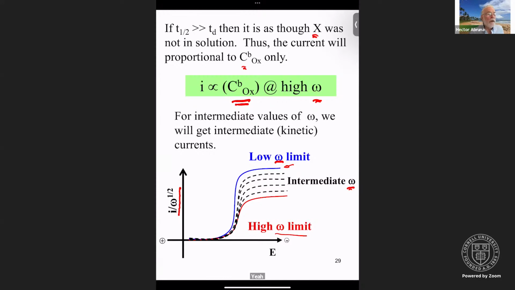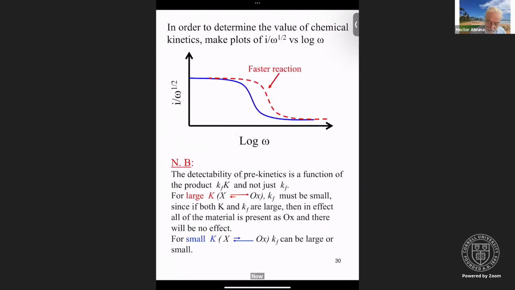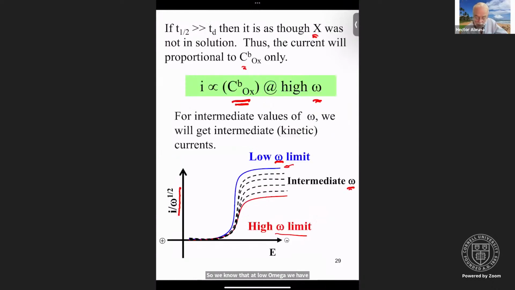Now, if we want to determine the value of the chemical kinetics, one way we can do this is to plot the normalized current as a function of omega, typically log of omega. And what is it that we would expect? We know that at low omega, we have a large limiting current, basically this guy.